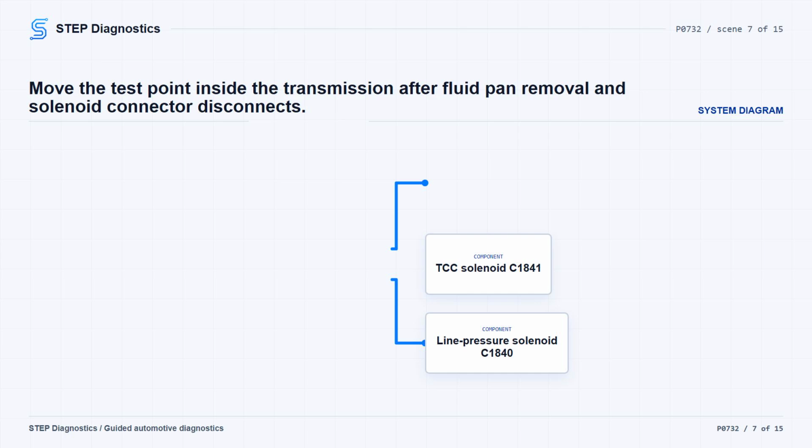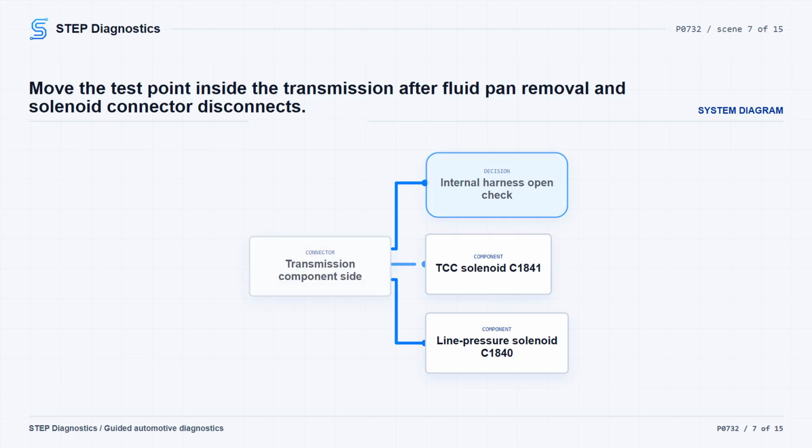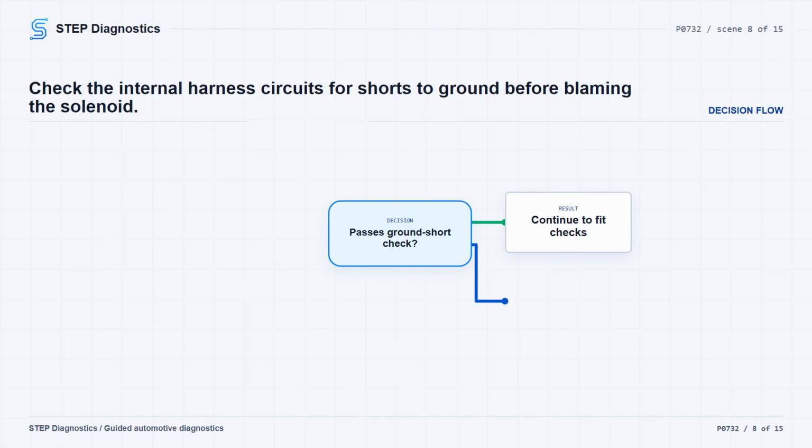For the TCC solenoid, measure the transmission component side pin 11 to C1841 pin 1 and transmission component side pin 25 to C1841 pin 2. For the line pressure control solenoid, measure transmission component side pin 11 to C1840 pin 1 and transmission component side pin 24 to C1840 pin 2.